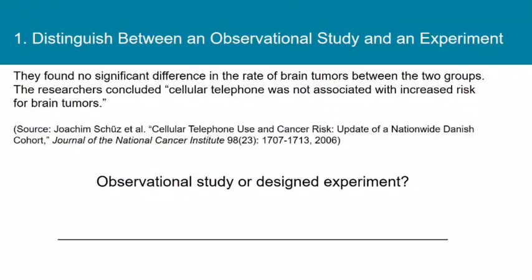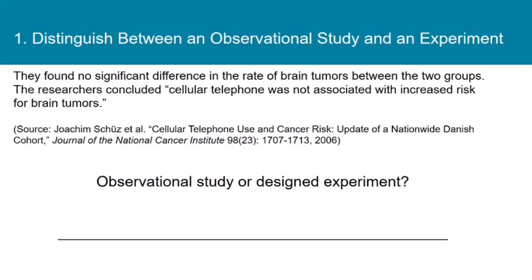Well, that's good news. But now we have to ask ourselves, was this a designed experiment or was this an observational study? Well, the answer is based on whether the researchers applied any treatment to the subjects. Did they intentionally place people in one group or the other? Did they intentionally apply a treatment?